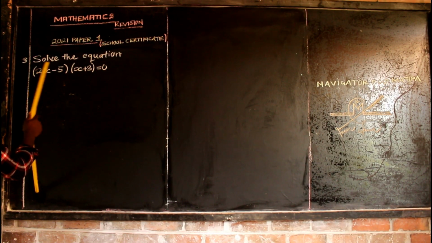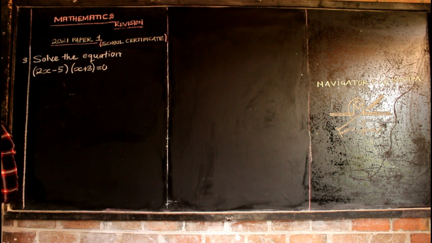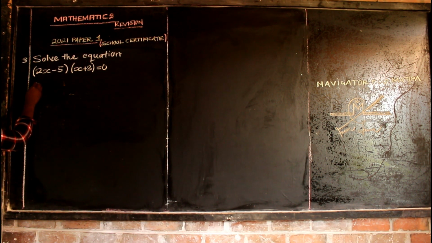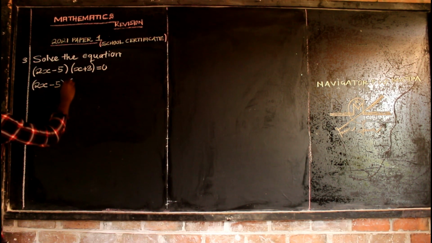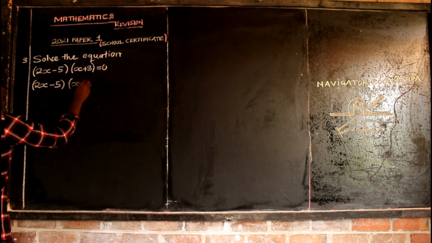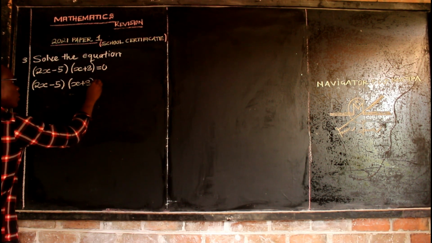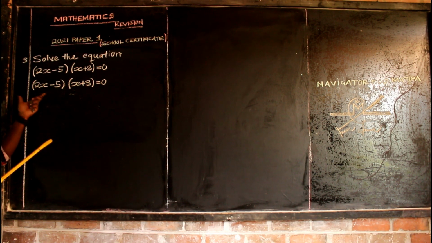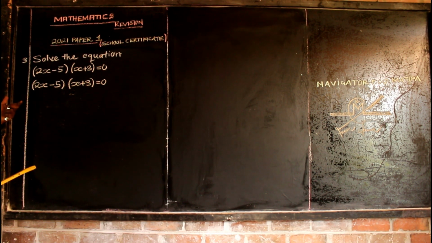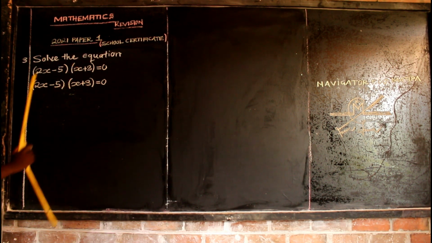It's saying solve the equation. We have been given this equation: 2x minus 5 inside the brackets, then x plus 3 in brackets as well, is equal to 0. In fact, this equation was generated from a quadratic equation.